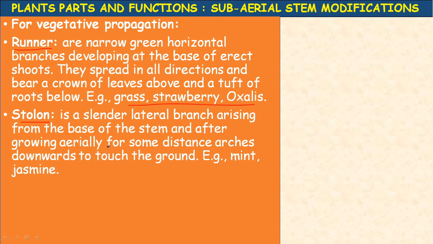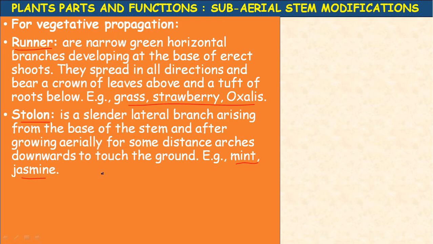Stolon is a slender lateral branch arising from the base of the stem, and after growing aerially for some distance, arches downwards to touch the ground. You can see in the jasmine and mint, stolons are present.